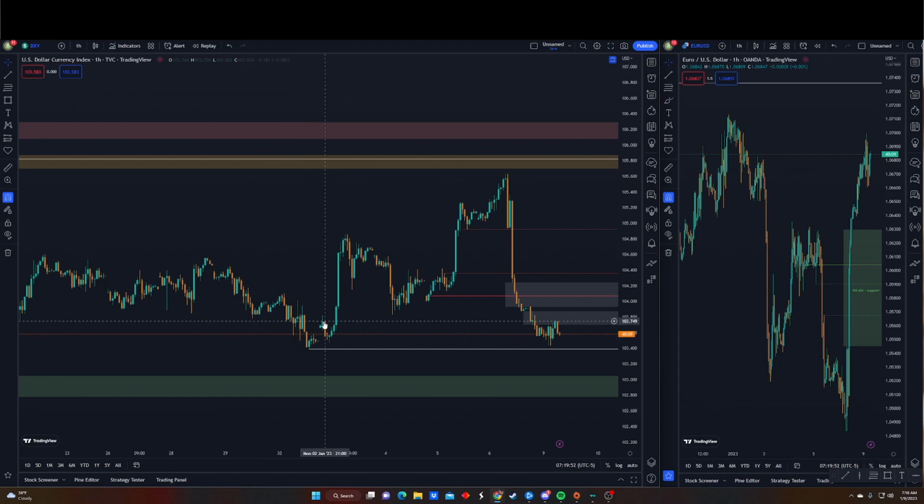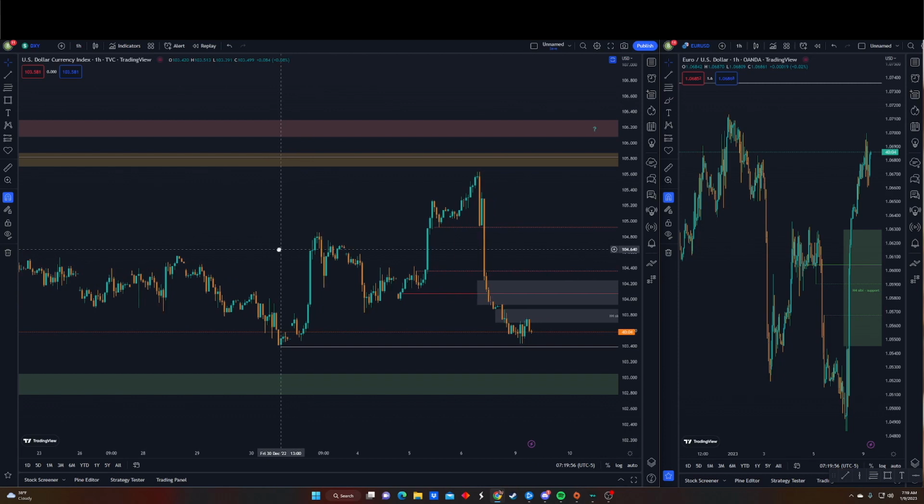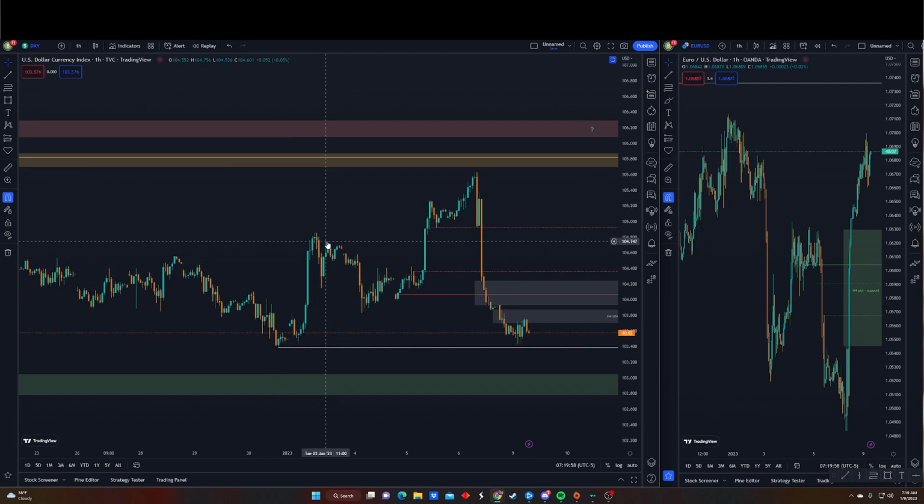We return to this old liquidity void there. It's a balanced price range, but it's still interesting to see. Let's return to those levels. We haven't taken 103.391, and I really think that's where we're going.